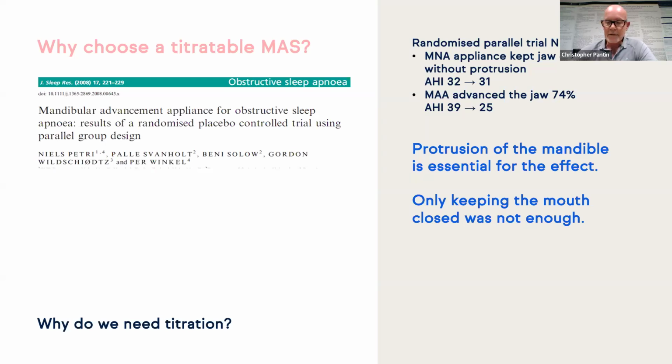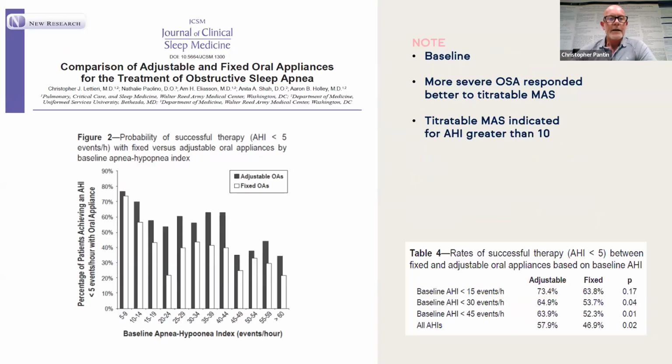So that tells us that, and this is repeated over and over again, this is just one study to give some evidence of why we even bother. Okay, then this is a nice study as well. What this tells us is that the more severe your sleep apnea, the more necessary it is to have an adjustable appliance.